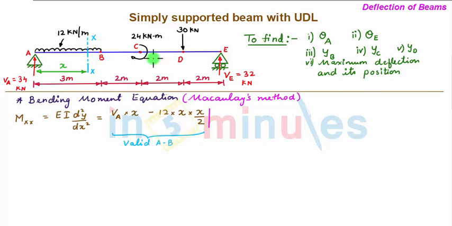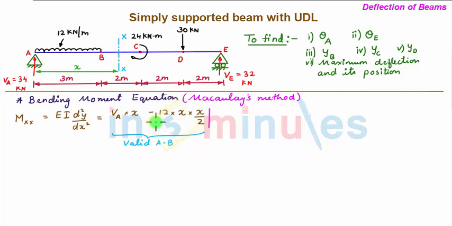Now let's move this section towards right beyond point B and between point B and C. If we write the bending moment equation about section XX, we see that the clockwise moment whose magnitude is given by VA into x will remain same, but the anti-clockwise moment of 12 kN per meter, which is acting now at a distance of x minus 3 meter, will not be same.